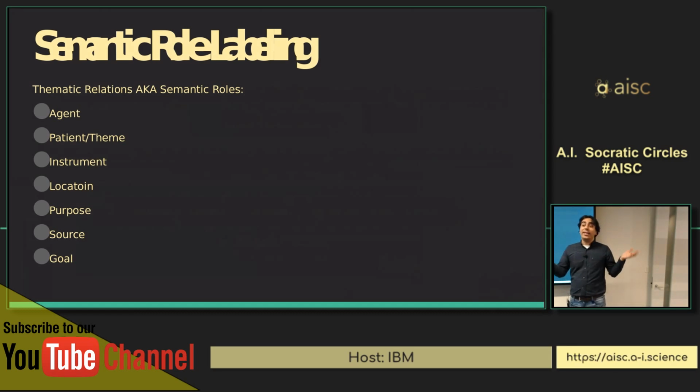In syntax, you have entities such as verbs, nouns, and subjects and objects. An example could be, Raj was attacked by someone. Raj, in this example, is the subject syntactically.